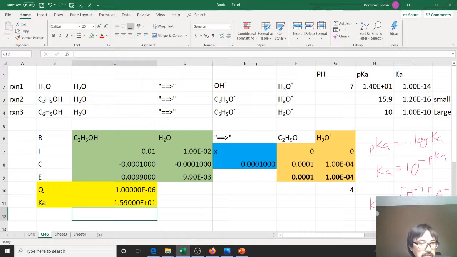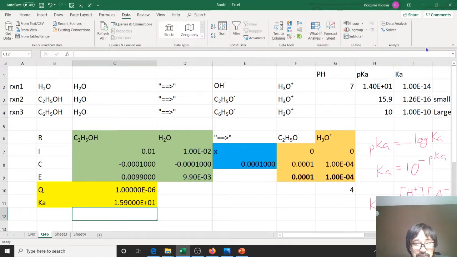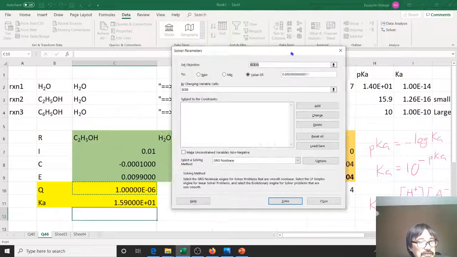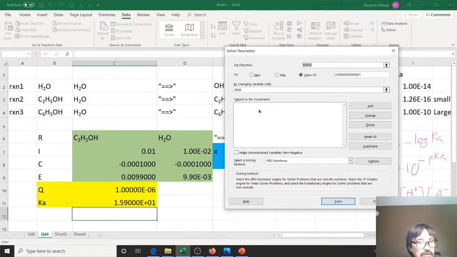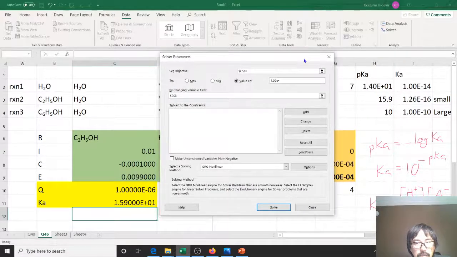So let's just try to solve the situation here. I have to warn you that before I do anything, this is probably the hardest acid-base problem. So I'm gonna do the same stuff. I'm gonna make Q have a value of 1.26 times 10 to the negative 16.